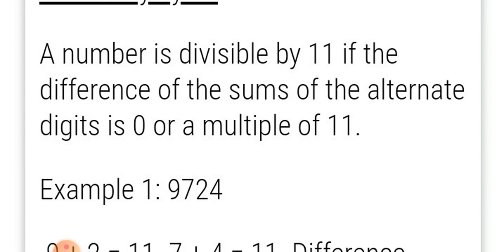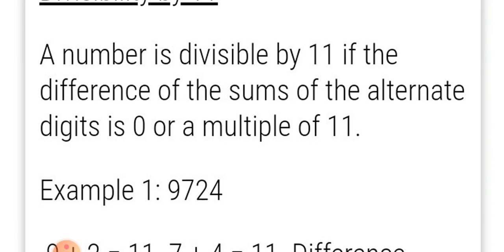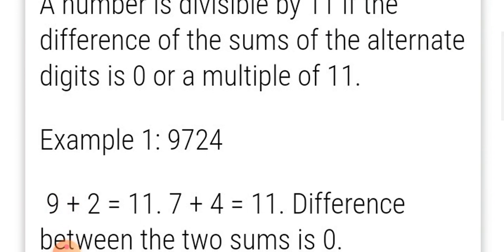The difference of the sums of the alternate digits is 0 or a multiple of 11. So look children, I will explain with the use of an example.